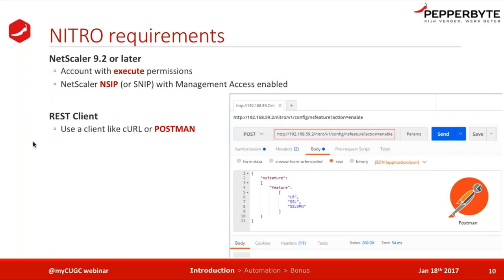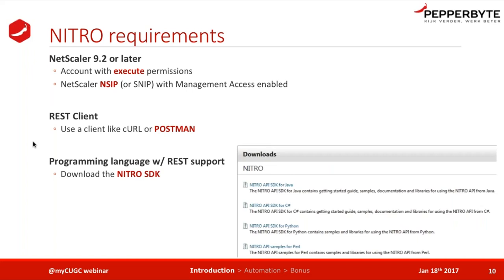And in this example, I've shown you how I'm using Postman, which is a plugin for Google Chrome that allows me to quickly interact with NITRO and basically test the syntax of my JSON payload and see if I'm providing the right URL.